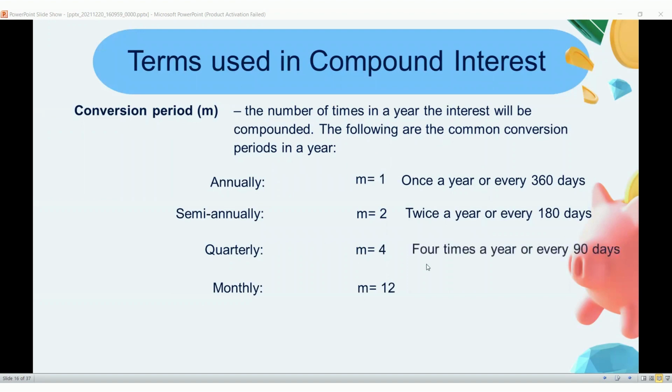Pag quarterly naman, 4 times a year or every 90 days or every 3 months nagko-compound ng interest. Pag monthly naman, 12 times a year or every month nagko-compound ng interest.